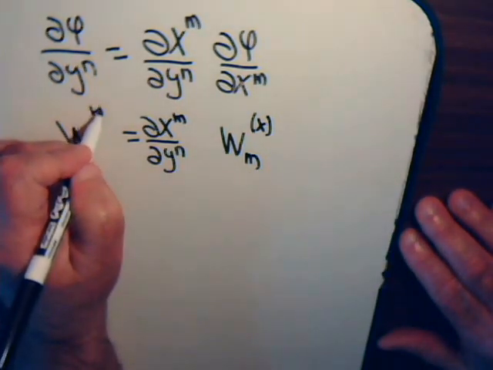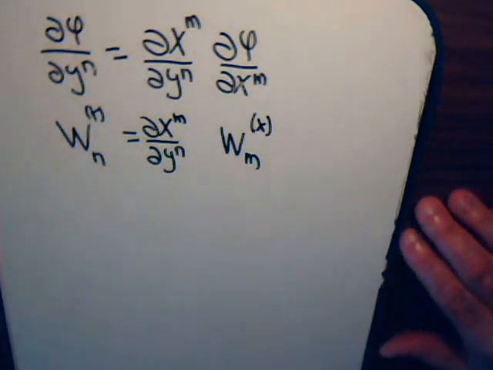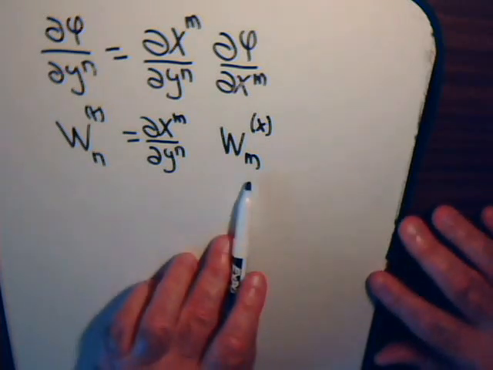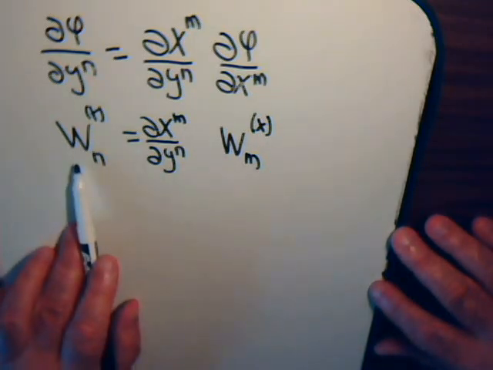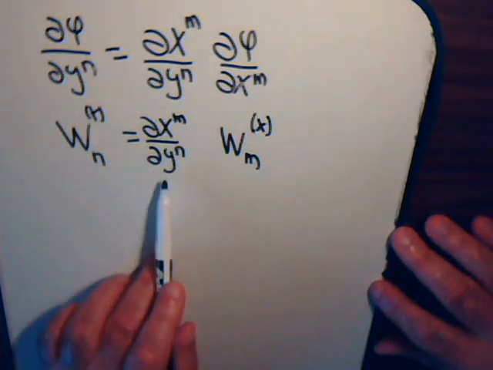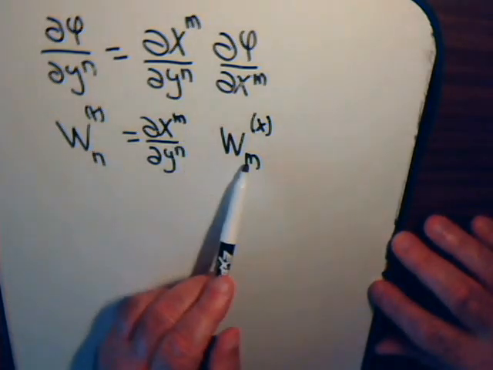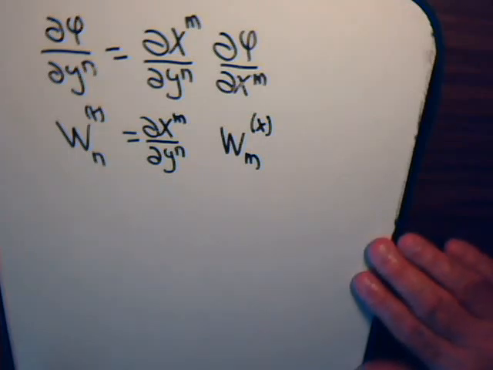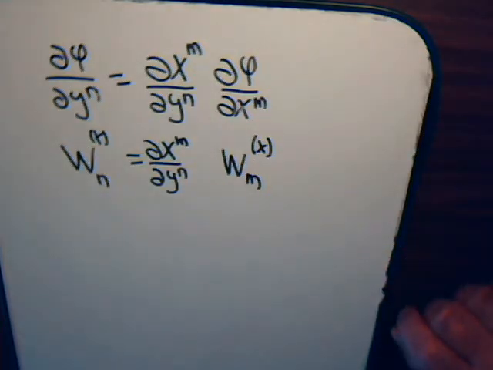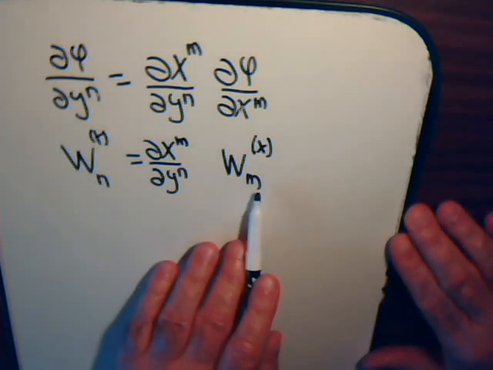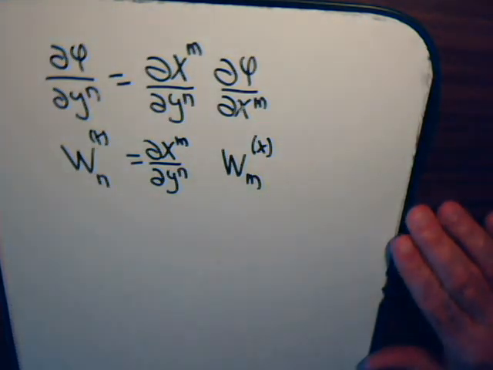Then in the y frame, we have an n component. The components of that vector transform into the y frame by taking these partial derivatives and summing over this repeated index, just like we did previously for a gradient vector. If they transform analogously to the way a gradient vector transforms, that's called a covariant vector, and its components are denoted with subscripts.